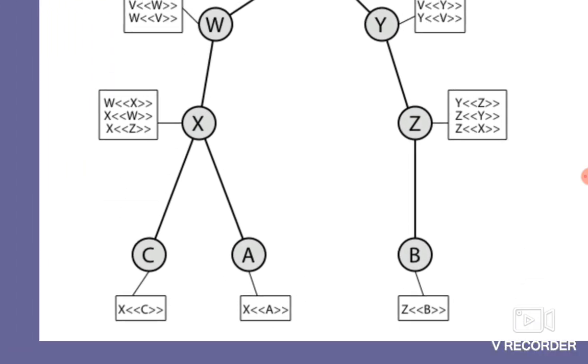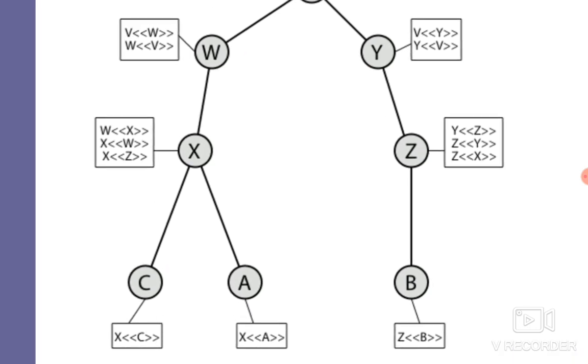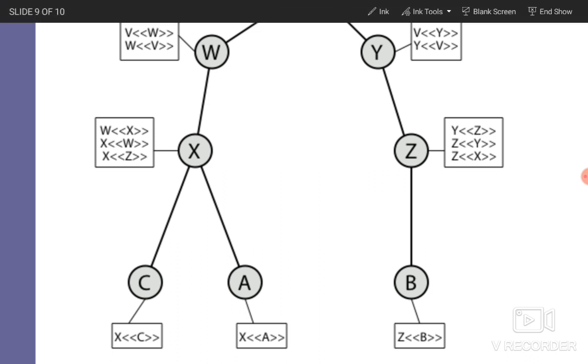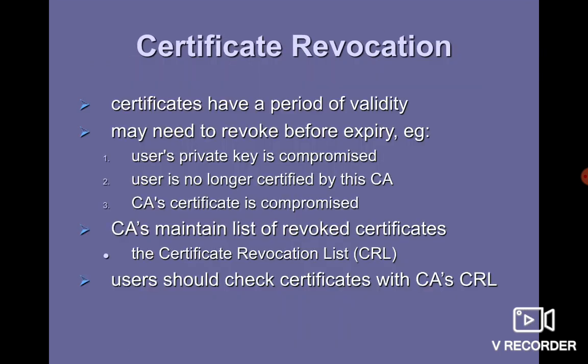X issues the certificate for C, X issues the certificate for A. Each and every certification authority maintains its children's certificates as well as the parent certificate, that is the forward certificate as well as the backward certificate. That's why the X certification authority stores the parent certificates and the children's certificates. So this is a certificate hierarchy.